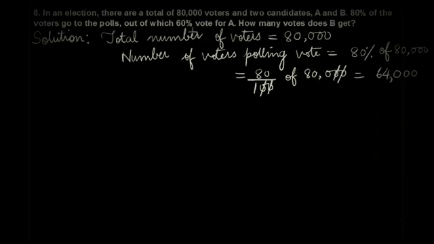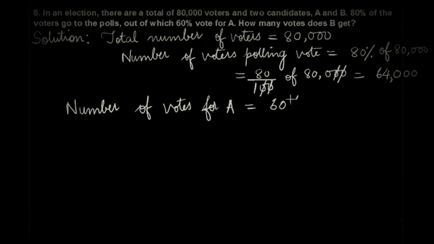So out of which 60% vote was for A. So number of votes for A is equal to 60% of the votes polled, that is 60% of 64,000.